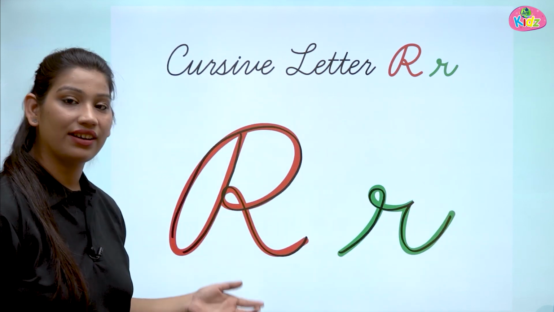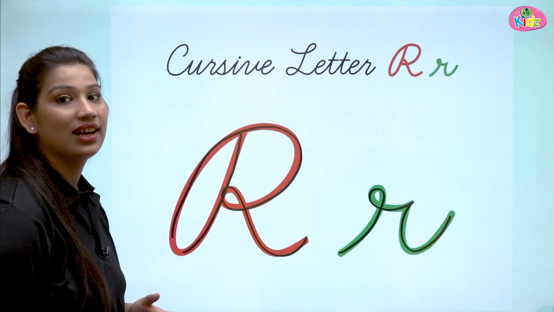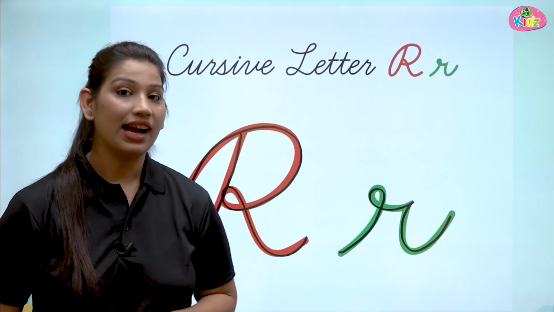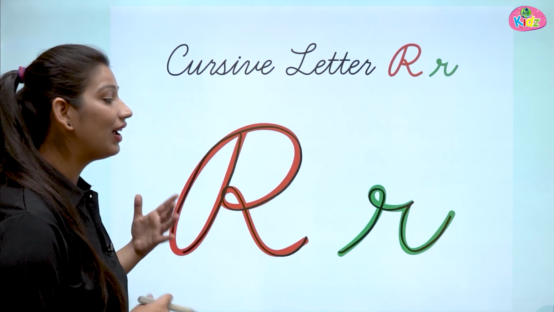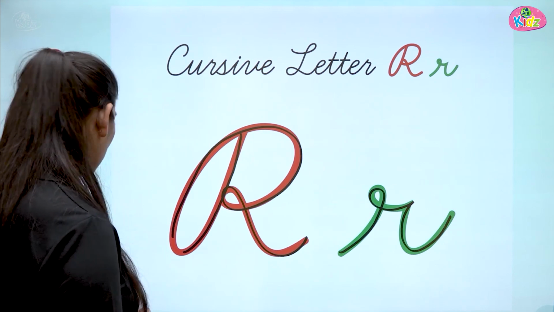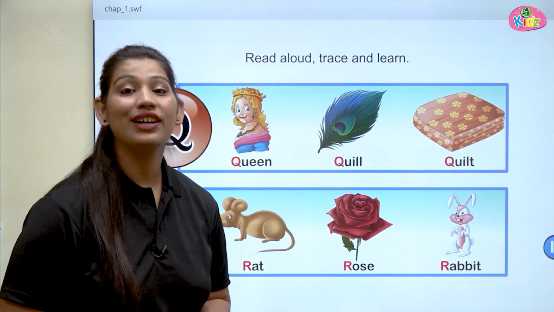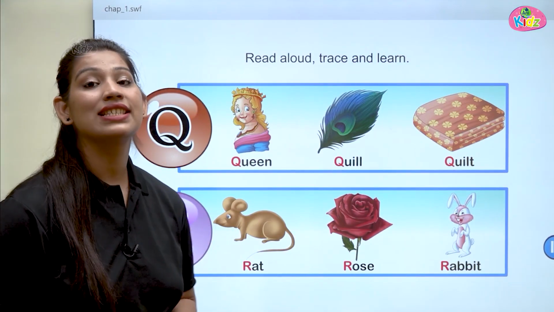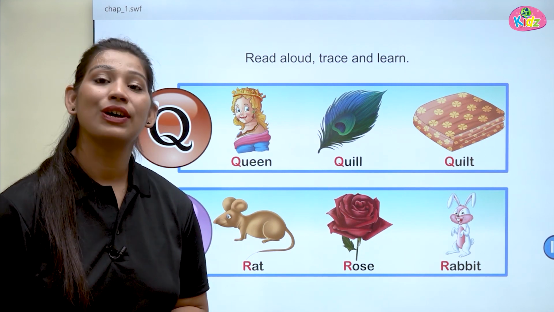Small cursive R, capital cursive R. R sounds R. R, rabbit. R, rose. R, rat. R says R.